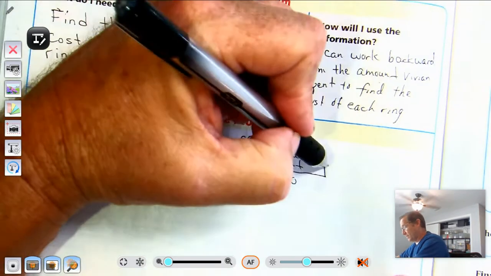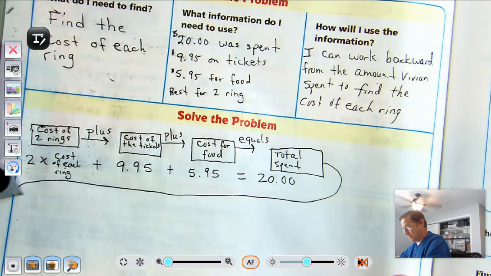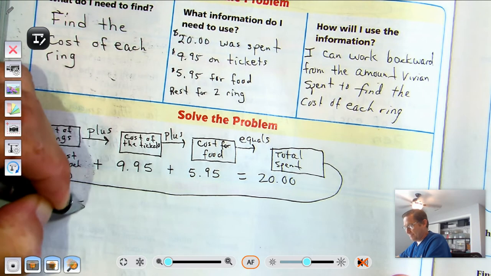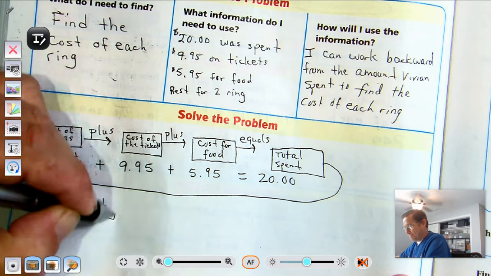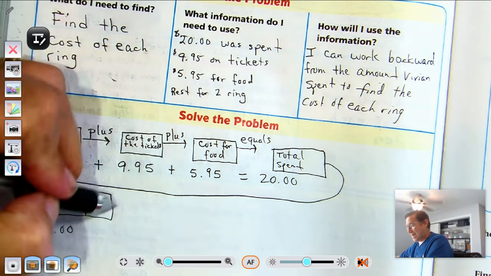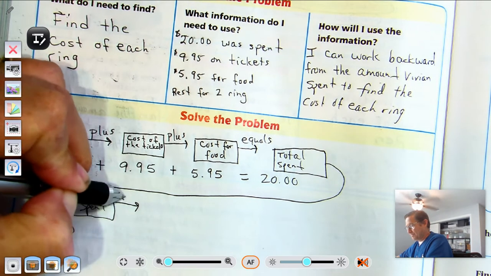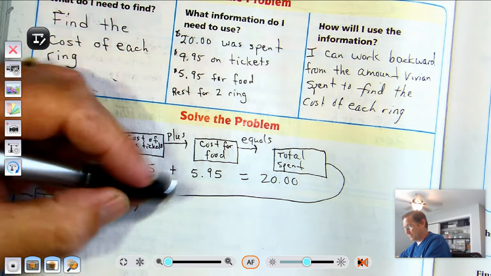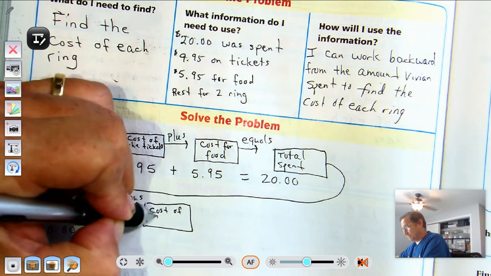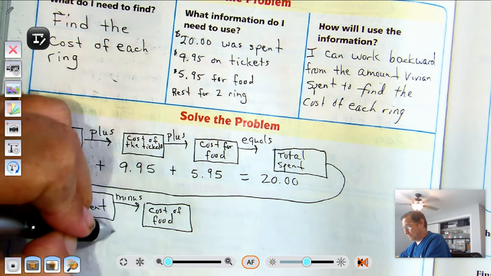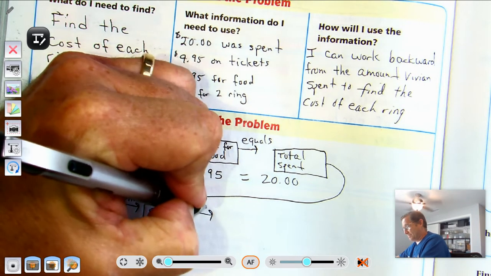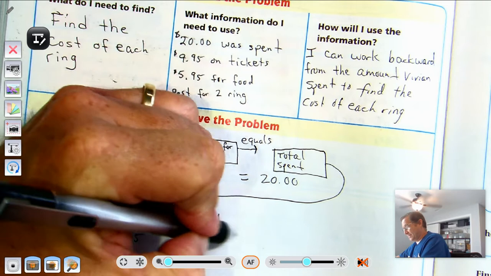And our question was, what is the cost of the 2 rings? So let's work backward to figure that out. This time we're going to start with this total spent. And we're going to minus the cost of the food. Minus the cost of the tickets.